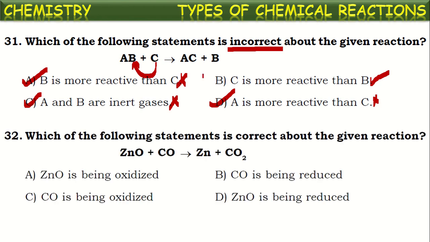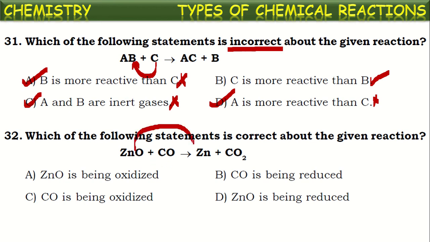Okay. Next one. Which of the following statements is correct about the given reaction? Observe the reaction given here. Zinc oxide plus carbon monoxide gives zinc plus carbon dioxide. So here zinc oxide, if you observe on both the sides, it is losing oxygen. What does it mean?